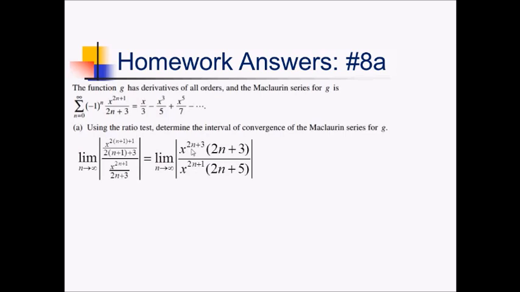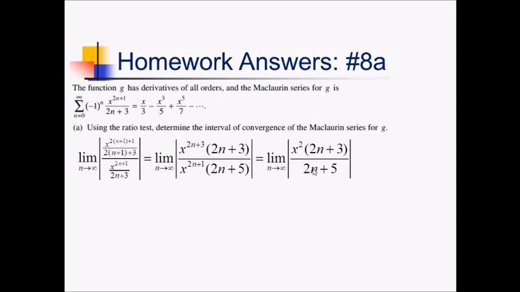Let me reduce my exponential terms, though. Subtracting, I end up with just an x squared in the numerator, along with this 2n plus 3. This x to the 2n plus 1 gets completely canceled out, leaving us with just 2n plus 5 in the denominator. Now, as n approaches infinity, this plus 3 can be ignored, along with this plus 5 down here.